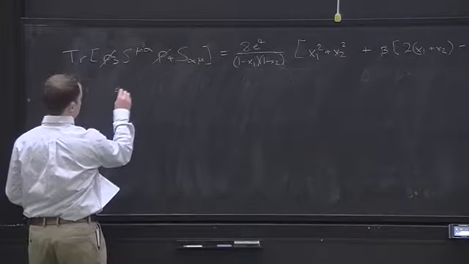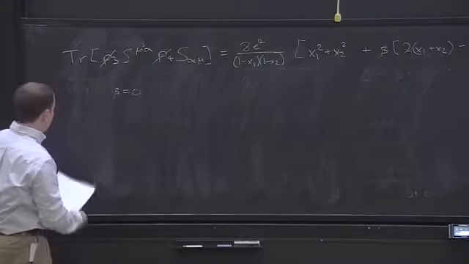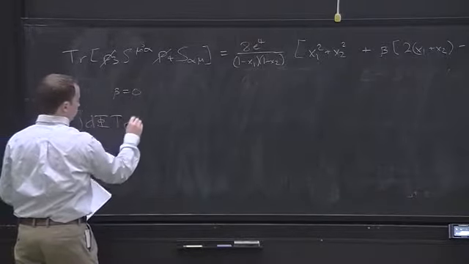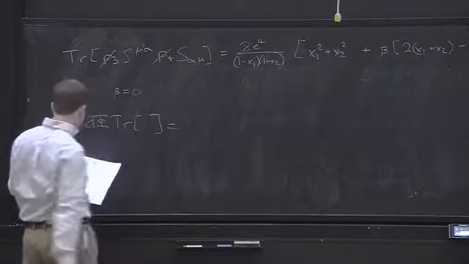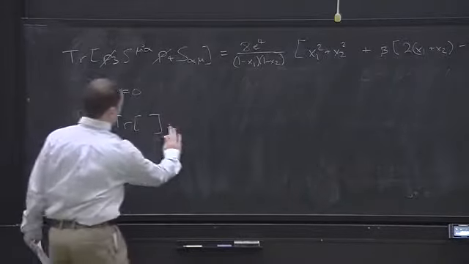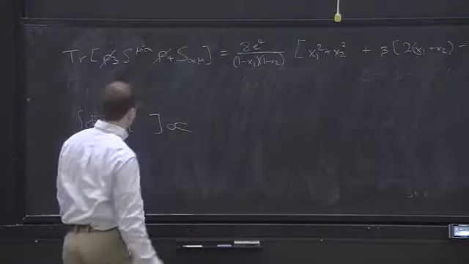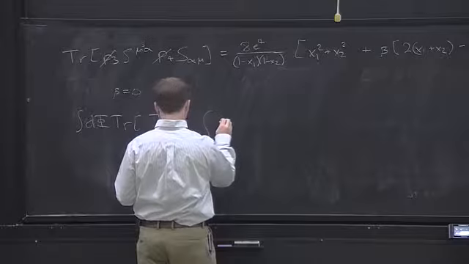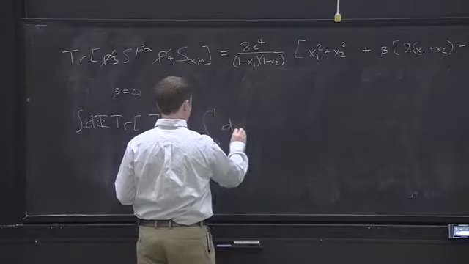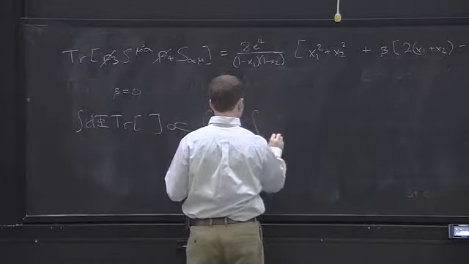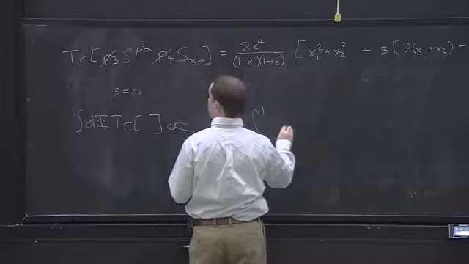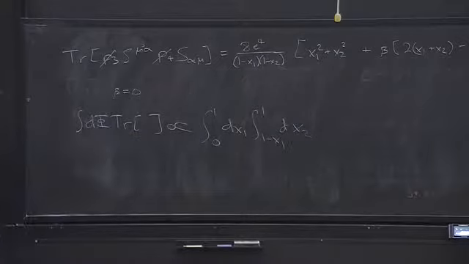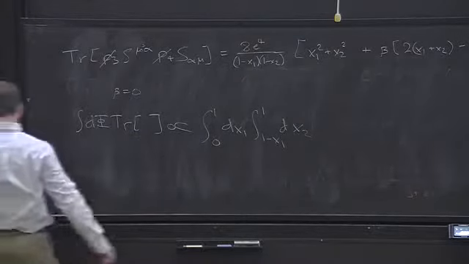So if beta equals 0, then the integral over phase space of the trace, I'll not write out all the factors, just write it as proportional to this integral. Beta goes to 0 also in the phase space integral, so it simplifies the limits.